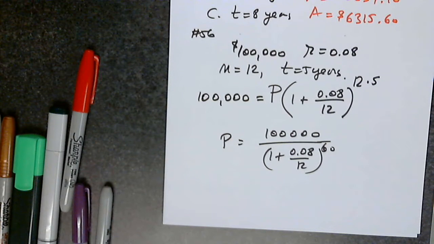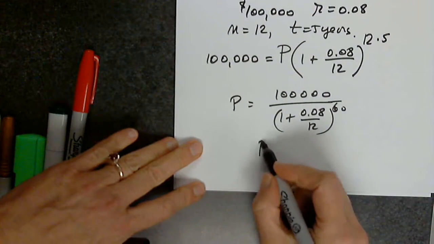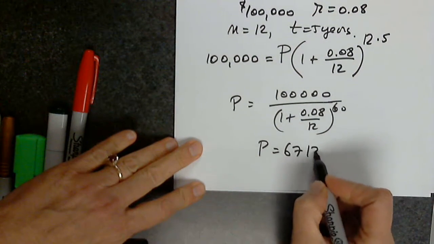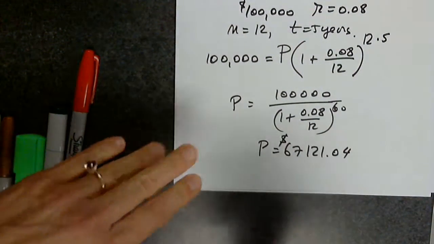So how much should we invest today at 8% compounded monthly for 5 years in order to, in 5 years from now, go to the bank and say, give me 100,000? 67,121.04. So then the principal is 67,121.04.